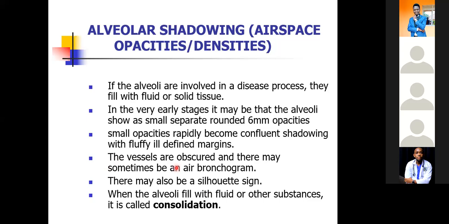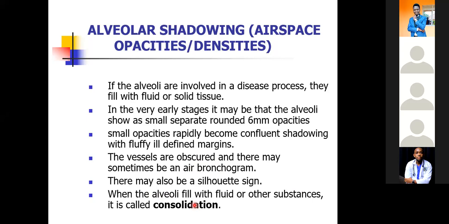But as it continues, we also begin to see silhouette signs, so loss of demarcation with other structures looking similar to it. When the alveolar space fills with fluid or other substances, and we begin to see bronchograms along with the silhouette sign, that is when we begin referring to it as a consolidation.